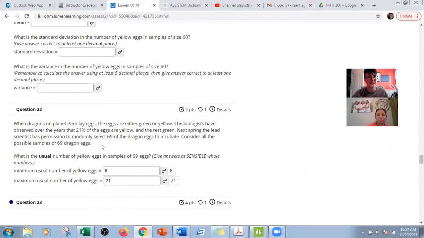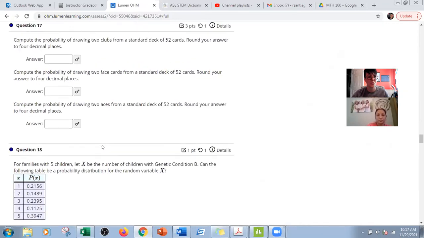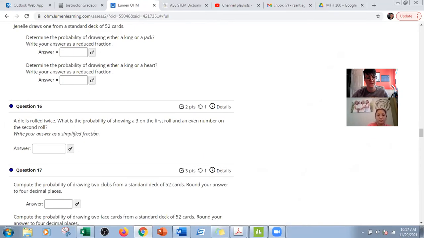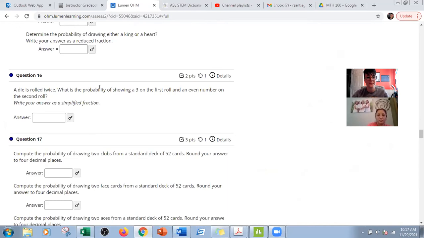All right, number 16. So in the first exam, I got it right, but the second one, I just couldn't get it right. A die is rolled twice, and they're looking for the probability of showing a 3 on the first roll and an even number.